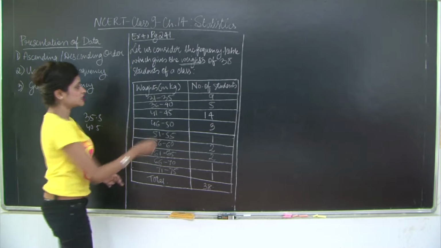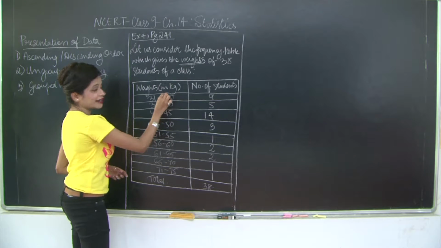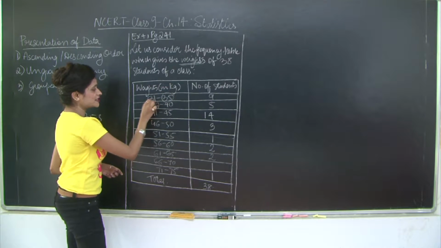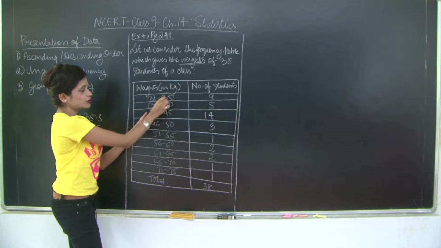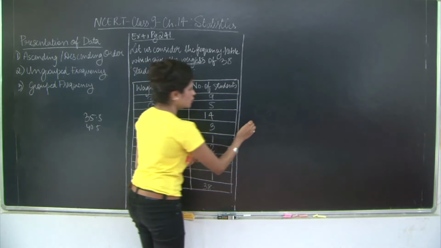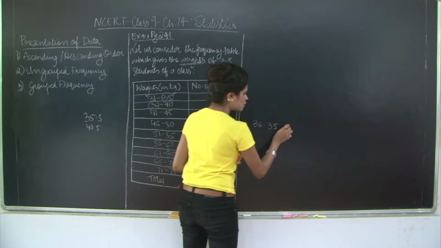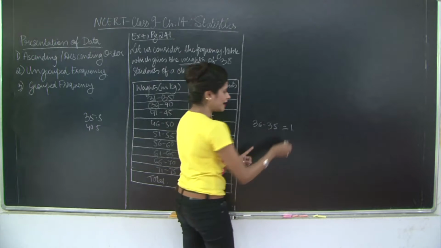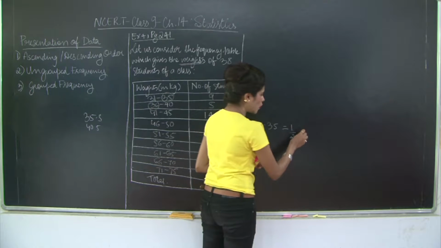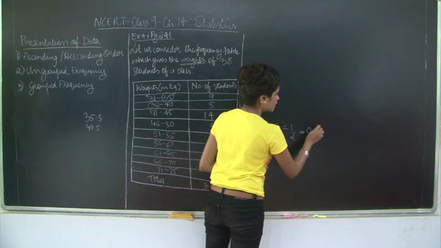What we are going to do is we are going to take the lower limit of one class and the upper limit of its succeeding class. Okay, and I'm going to take the difference between the two. So 36 minus 35. It is equal to 1, and I am going to divide this by 2. What is half? It is nothing but 0.5.